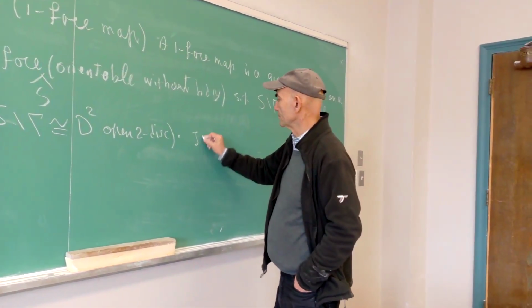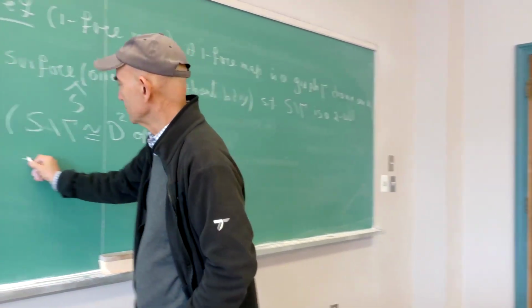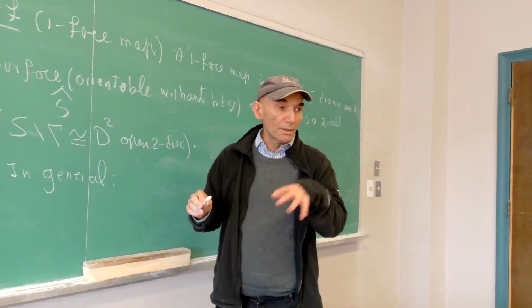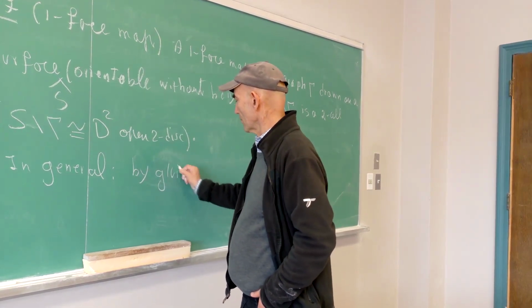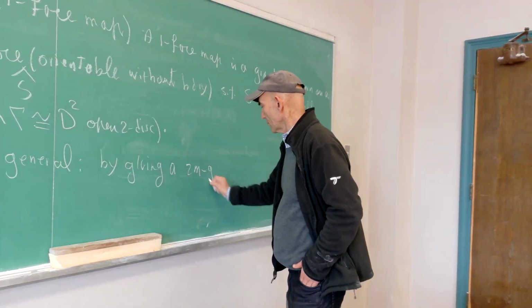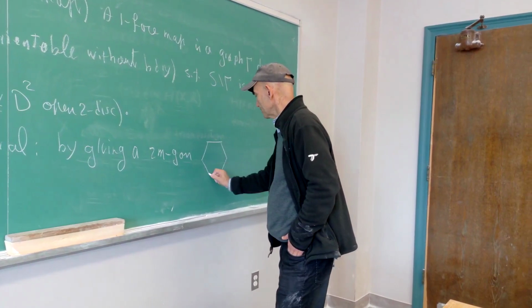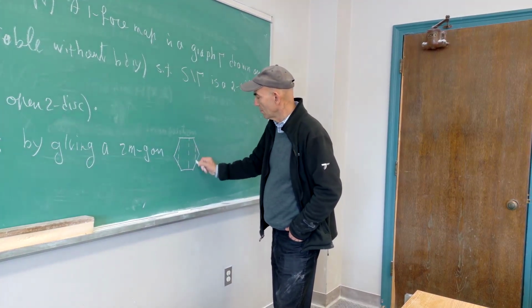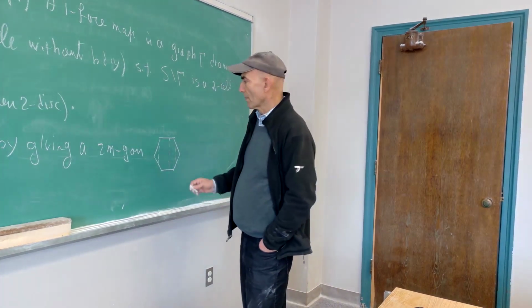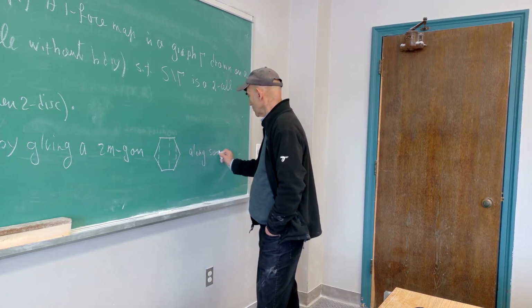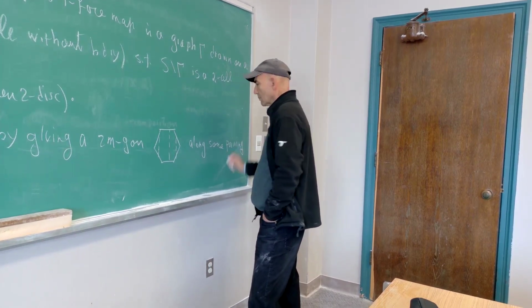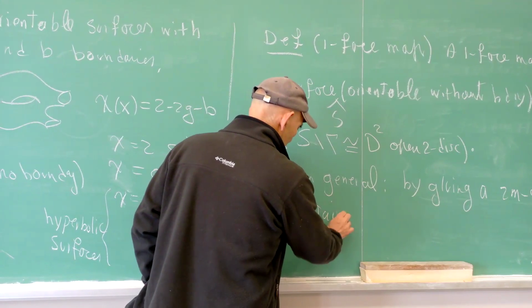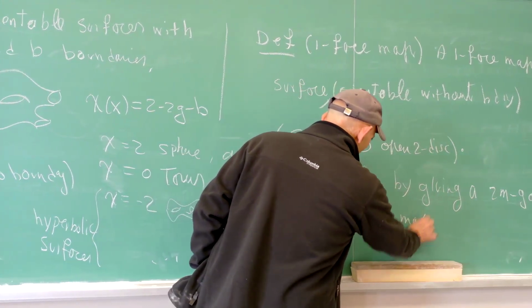And in general, by gluing a 2M-gon, say here a 6-gon, for example, along some pairings, we obtain a one-phase map.